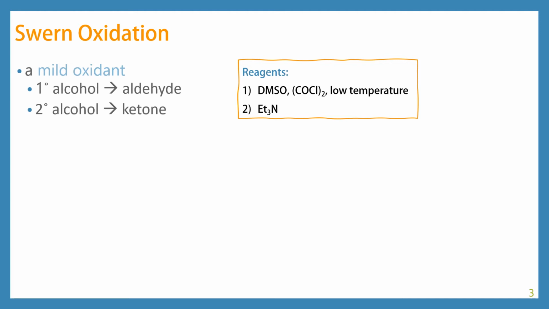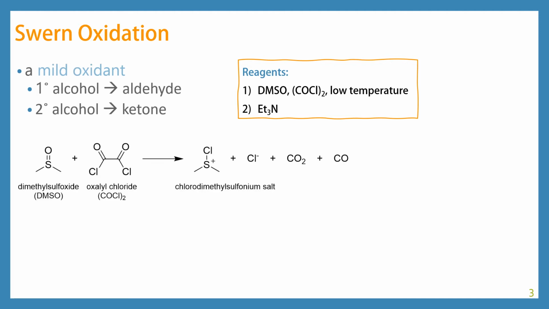The reagents are DMSO, which is dimethyl sulfoxide, and then you have oxalyl chloride, which is often shorthanded as (COCl)2, but this is the actual compound here, at low temperature. So usually you see like negative 78 degrees Celsius.